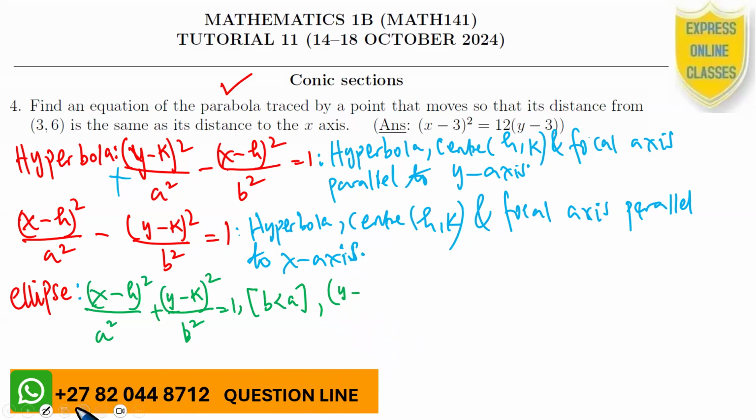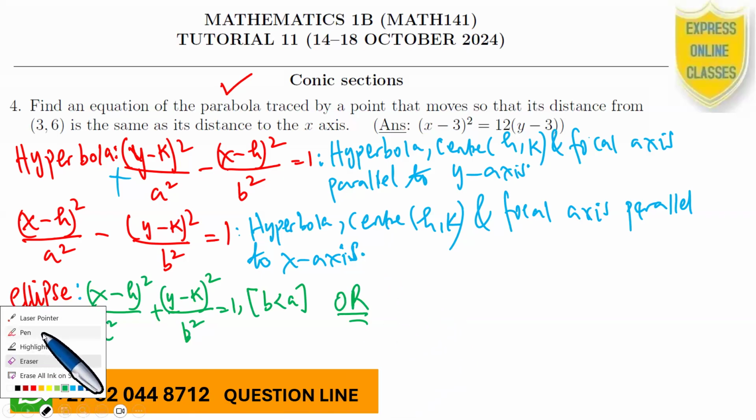You see the tendency for the ellipse, so either we do this one or the other one. I wanted to say we start with x always.